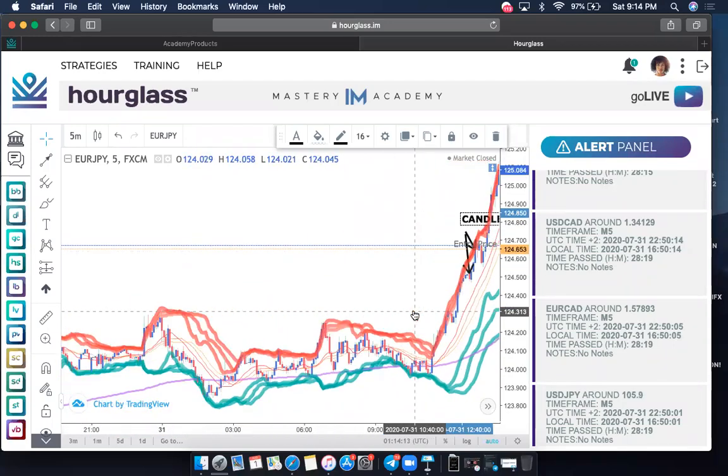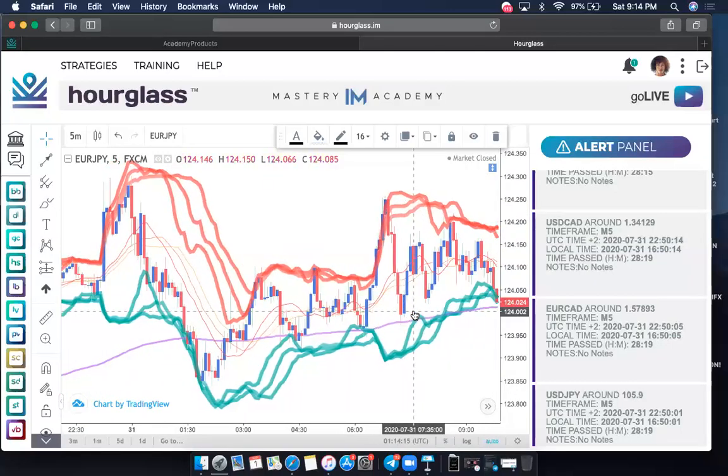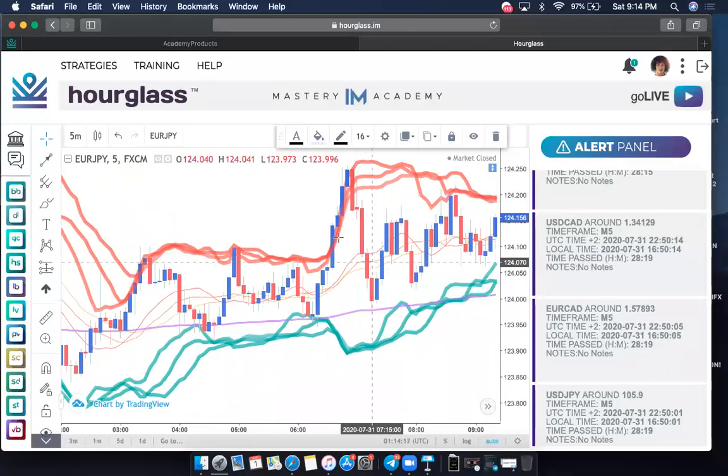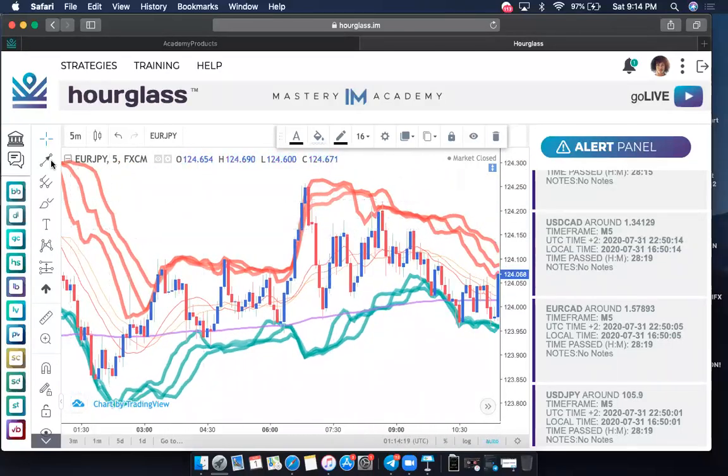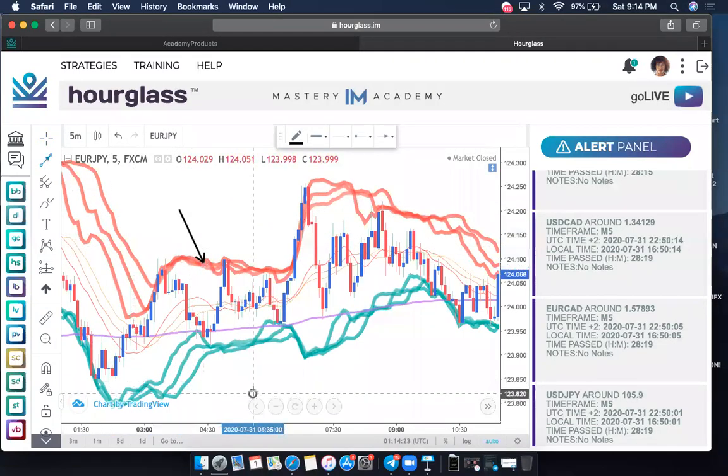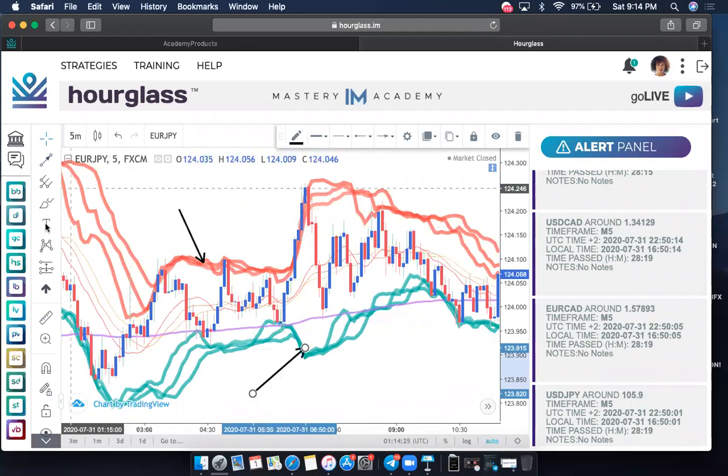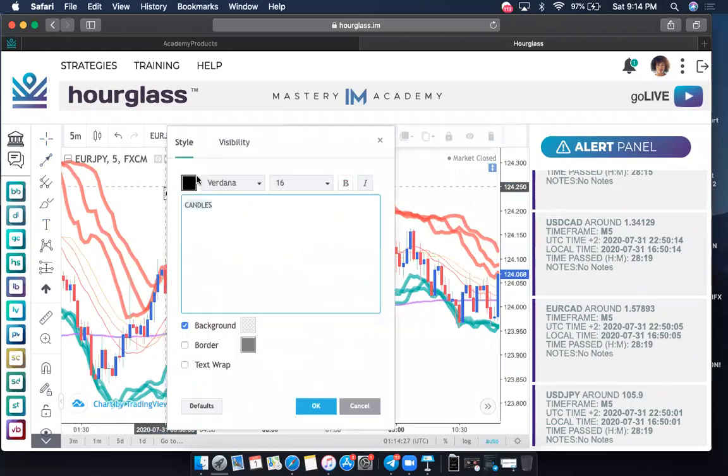Now, these red and green waves that we're looking at, like this wave right here and this green wave right here, these are called Bollinger Bands.